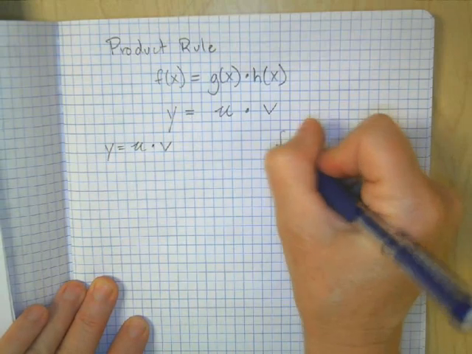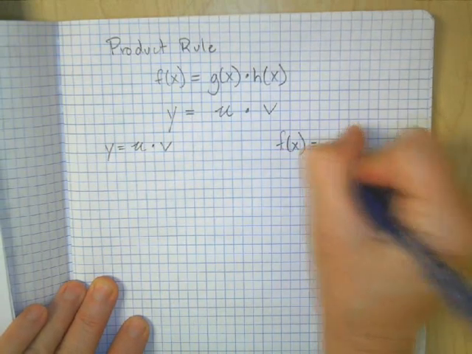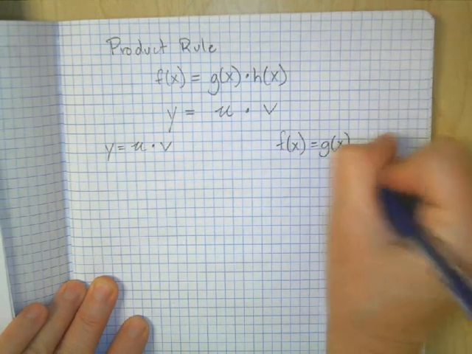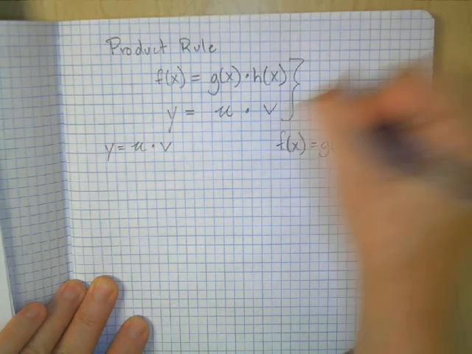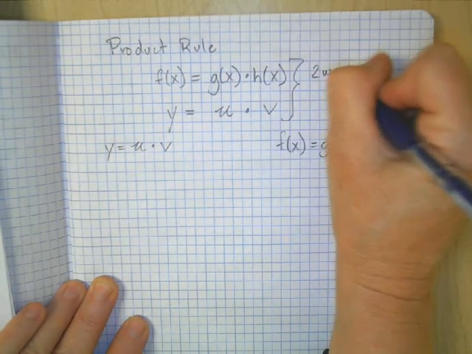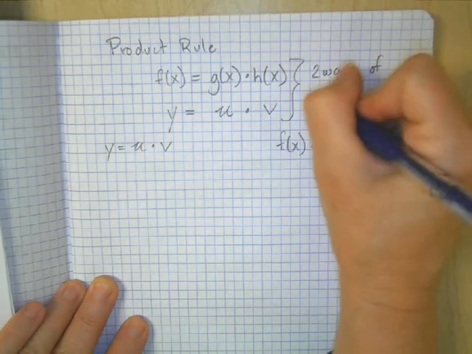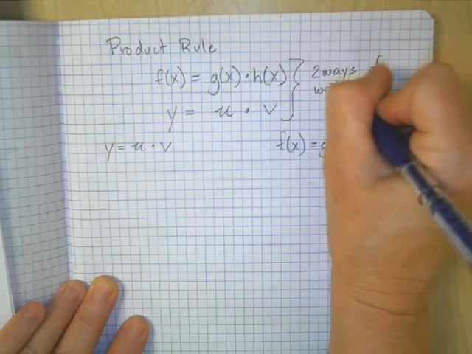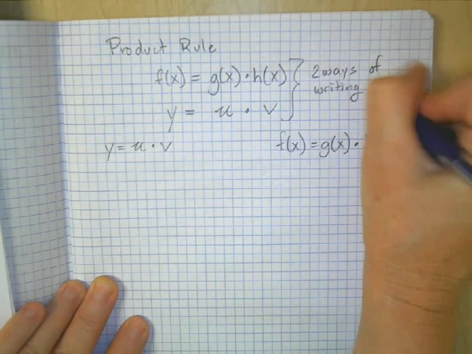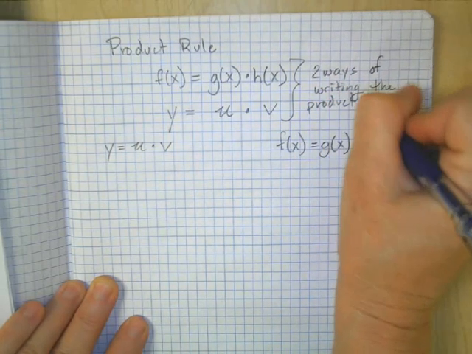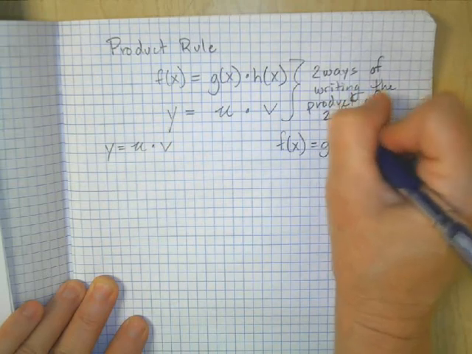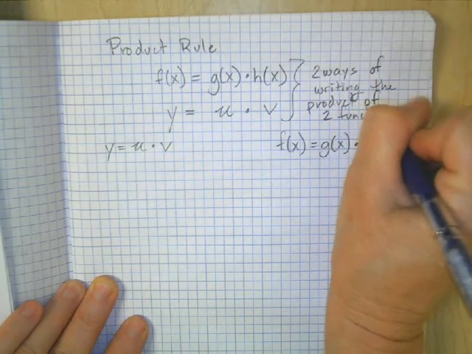These mean the same thing. So this is two ways of writing the product of two functions.